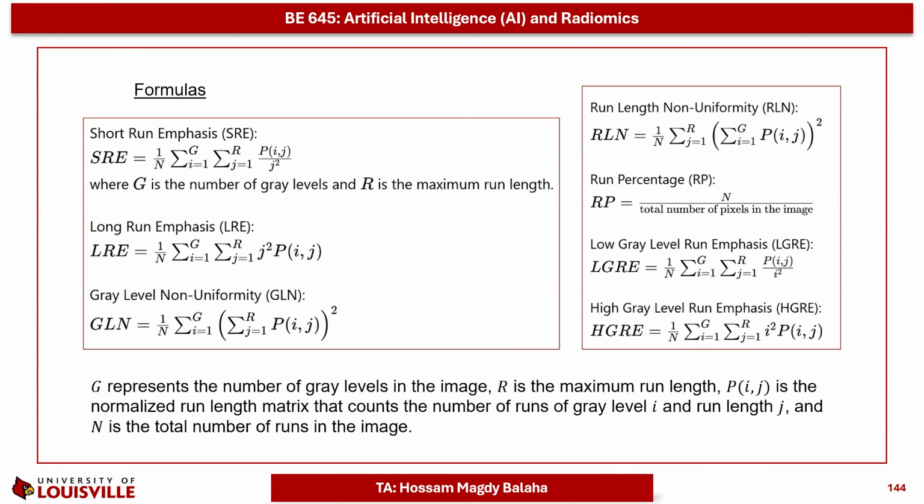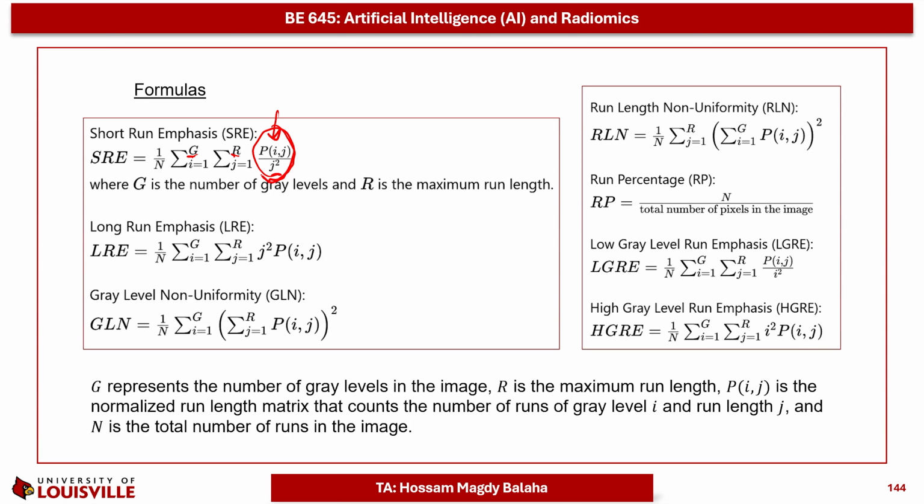Simply, in each, such as short run emphasis, we have 2 loops or 2 summations, with I and J, which are indices. G is the gray level, R is the run length, P is the probability, as we mentioned with the GLCM, we calculate the normalized version of the run length matrix, and I and J are the indices.